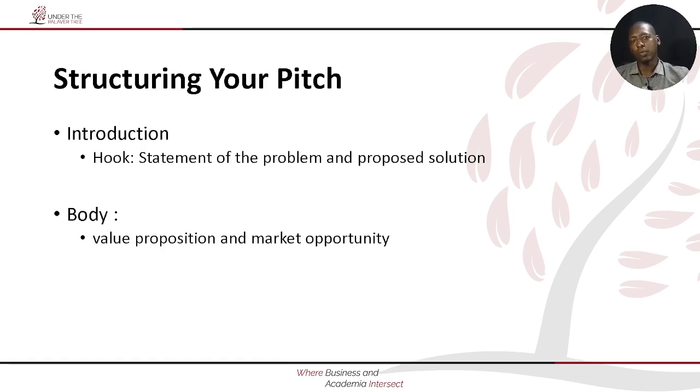We want to go micro. Who are the people within your community? What's the type of person that will be interested in this product and why? And then finally, of course, the conclusion is going to be your call to action. What it is that you want the people who are listening to this pitch to do.